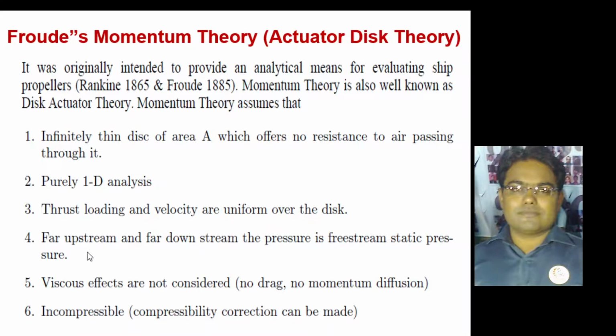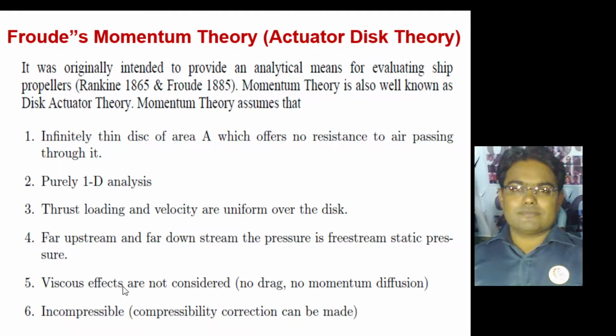Fourth, far upstream and far downstream, the pressure is the free stream static pressure. So if we go to the farthest point at the front of the hub, the pressure will be standard atmospheric static pressure, and when you go far downstream, the pressure will be the free stream static pressure.